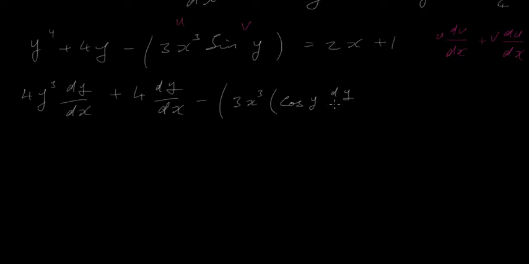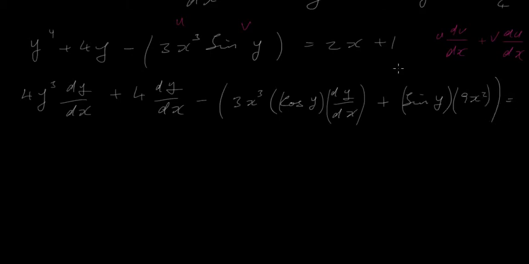So that's just dy dx. So it's cos of y multiplied by dy dx. Now that's the first part done. Now it's plus v, which is sine y, and we must multiply that by du dx. du dx is 9x squared. So that's it.